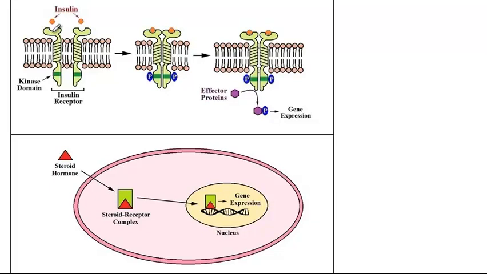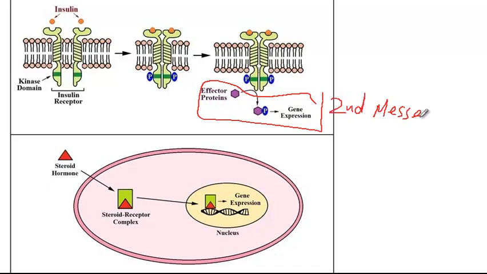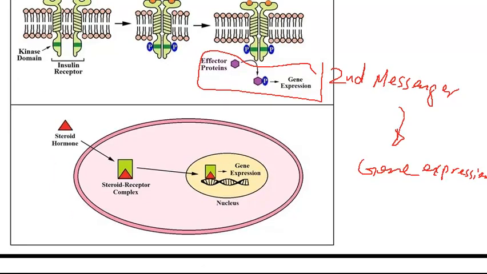So insulin binds the insulin receptors, activates the second messenger molecules, which will affect gene expression. All right, or we could have steroids that directly enter the cell and nucleus and again affect the gene expression. And so basically there are many different mechanisms in eukaryotes where gene expression can be regulated.